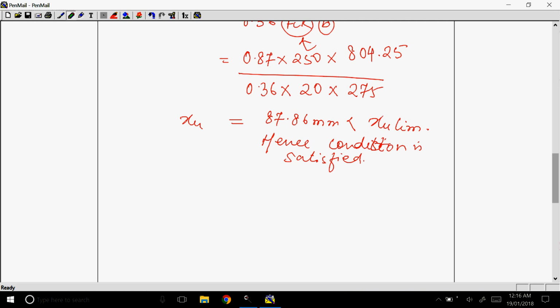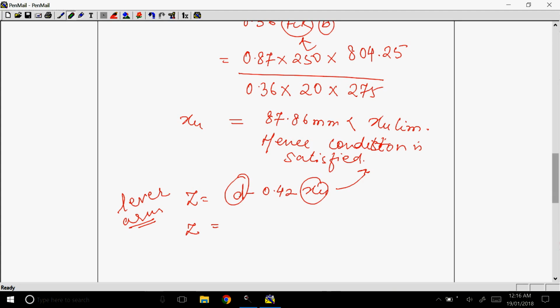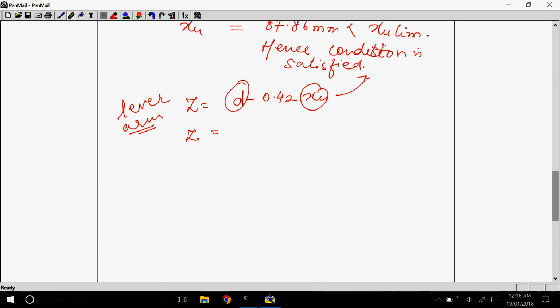So z is equal to 390 minus 0.42 times the actual Xu, 87.86, which is equal to 353.45 mm.